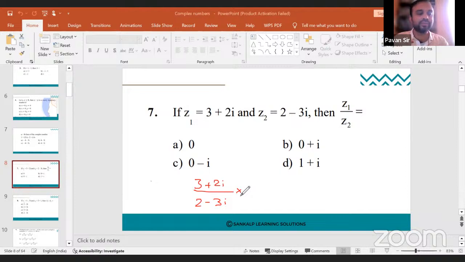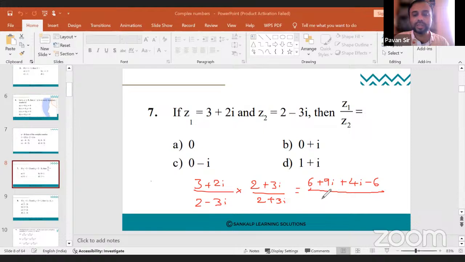Take the conjugate of the second one, that is the denominator. It is 2 plus 3i upon 2 plus 3i. Okay, so multiply. 3 into 2 is 6, 3 into 3 is 9i, 2 into 2 is 4i, then 2 into 3i into i is 6i square. i square is minus 1, so it becomes minus 6.